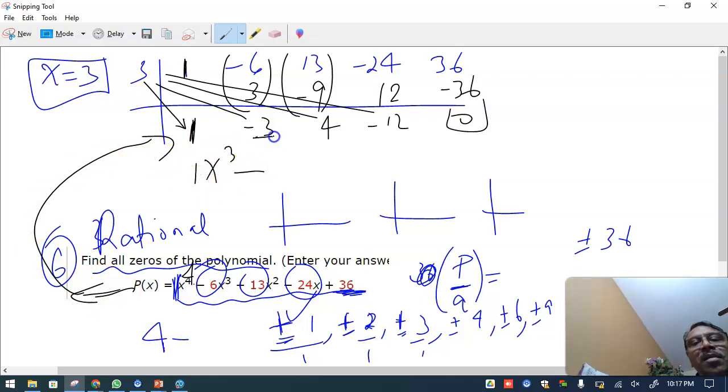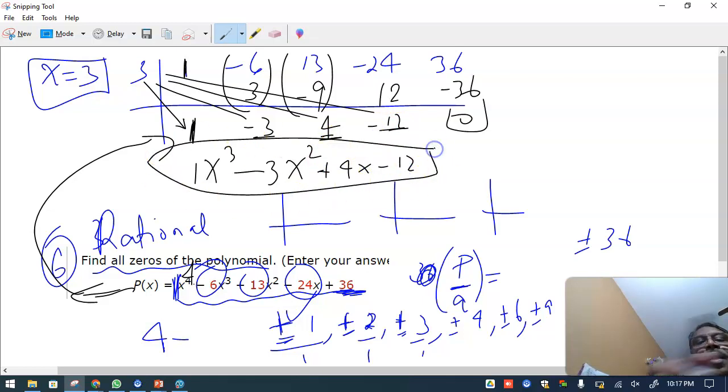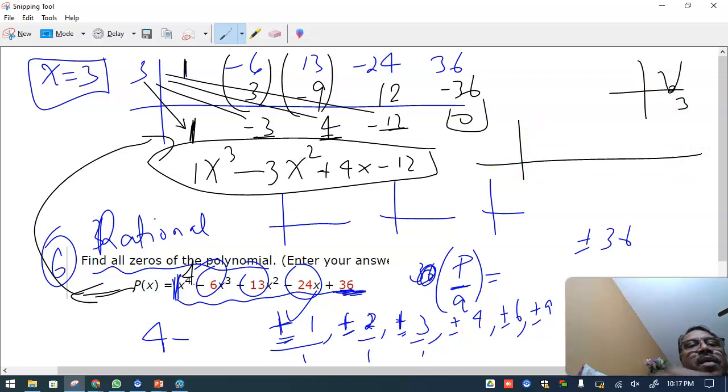This is 1, then minus 3, then 4, and then minus 12. Because we saw on the graph that it takes a U-turn at 3, we can use one more factor. Again, use the same 3 twice. So put a 3, and put these numbers again: 1, minus 3, 4, and minus 12.